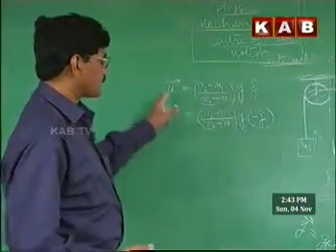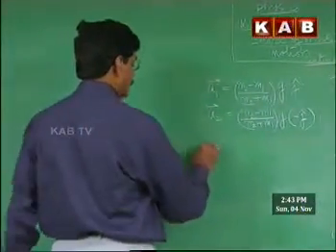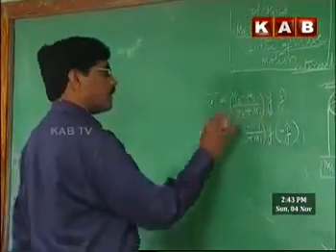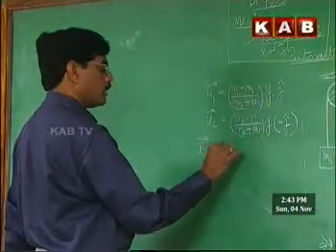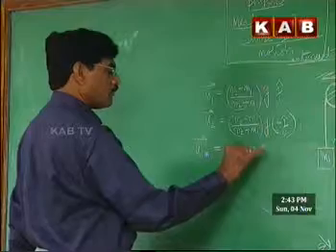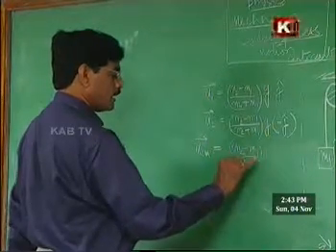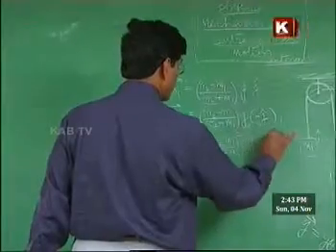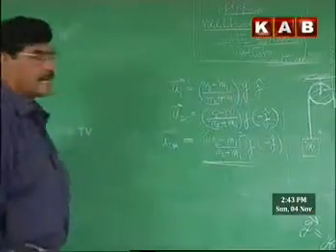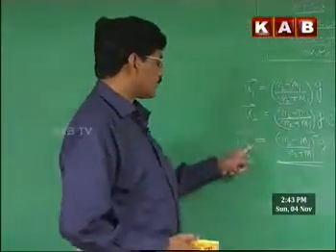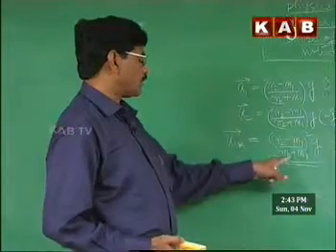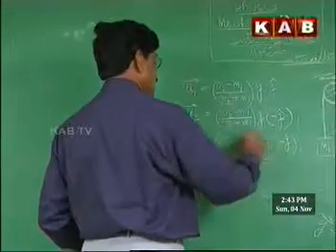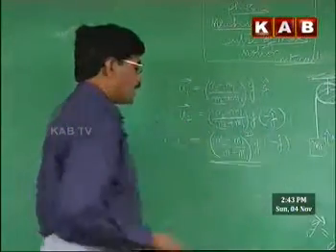Therefore, acceleration of center of mass comes out to be m1a1 plus m2a2 divided by m1 plus m2, which is going to be (m2 minus m1) by (m2 plus m1) whole square into g minus j.